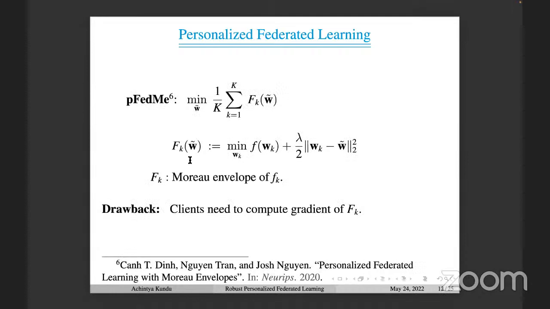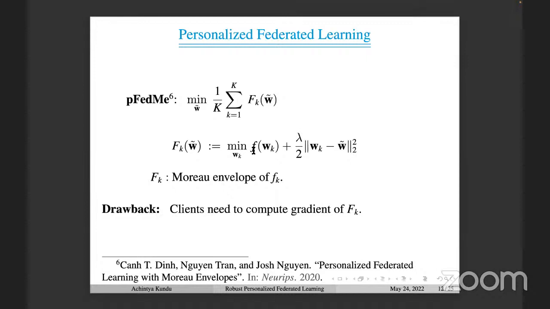Another method which came up recently is called personalized federated learning with Moreau envelopes. Here, if you see the training objective, originally we had F_k, right? Sorry, there is a k missing here. Originally we had F_k, but the paper proposes that you don't have to optimize over the training loss defined by its own data set.